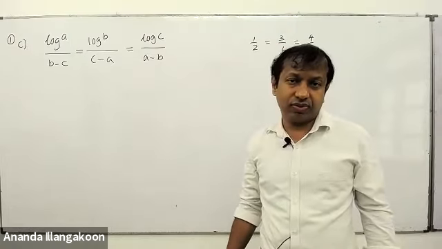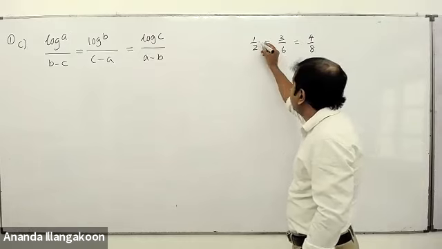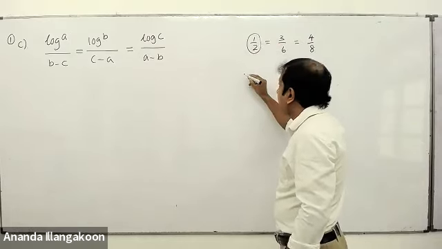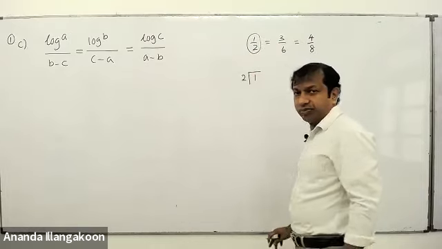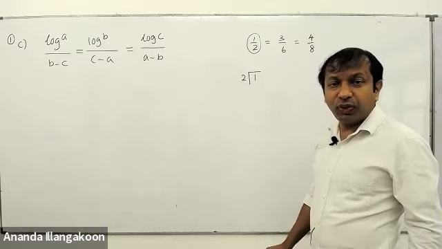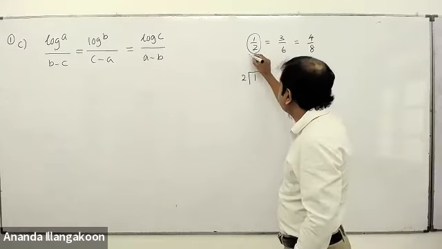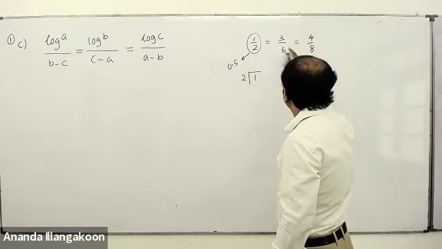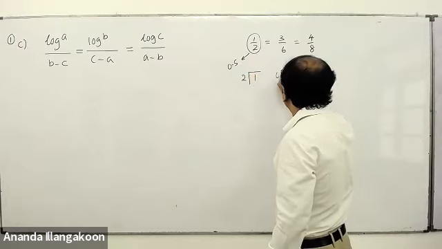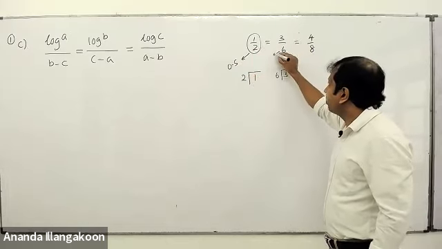Why? The reason: 1 divided by 2 gives 0.5. 3 divided by 6 is also 0.5.